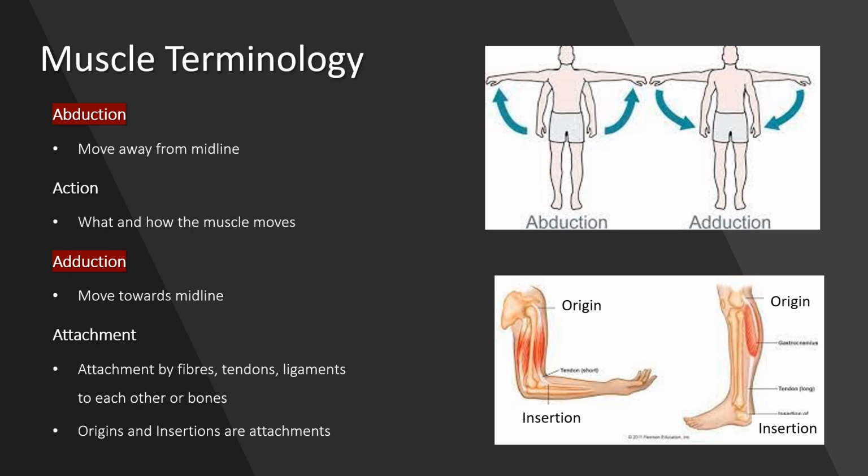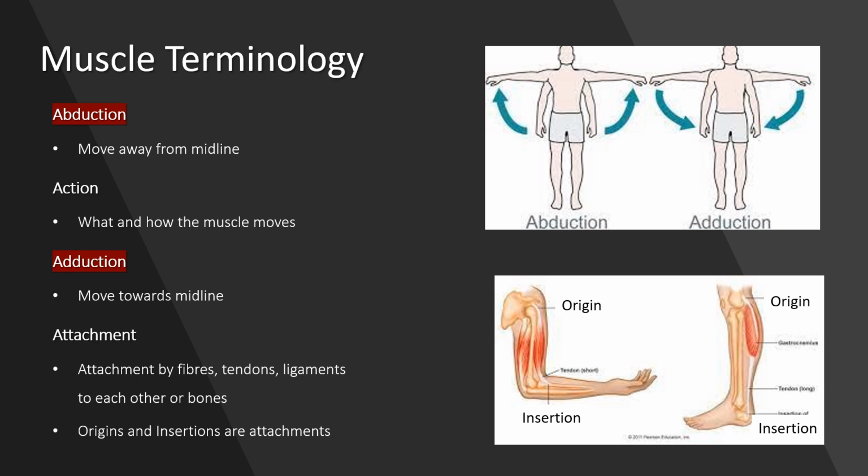Now, I often think that if you abduct a child, you take it away. So this is how I remember abduction is taking something away from the midline of the body. It might be your legs out to the side, it might be your arms out to the side. So that's an abduction, and we can see that clearly in the top picture on the left-hand side. That's an abduction.